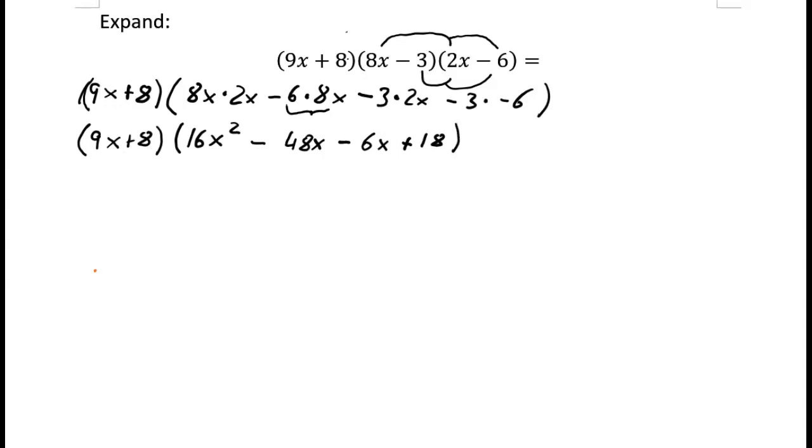Now we can even combine this here, and we can write 9x plus 8. That's our first term. We've got 16x squared minus 48x minus 6x equals minus 54x plus 18.